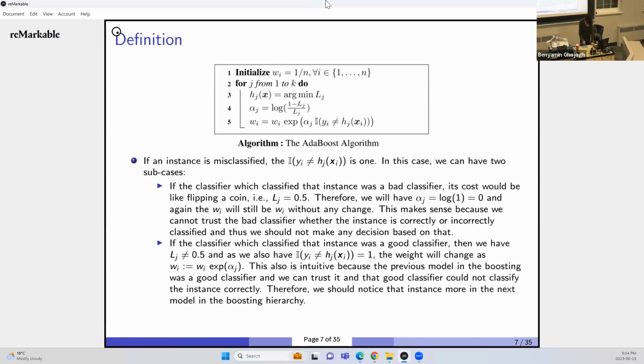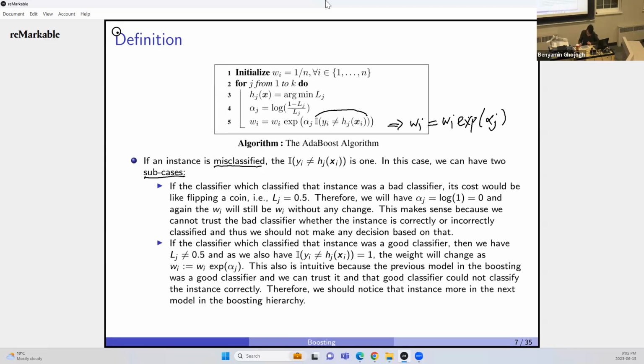If an instance is misclassified, then this indicator function becomes 1. Therefore, this becomes wi equals wi times e to the alpha j. Now, for the misclassification, we actually update wi.